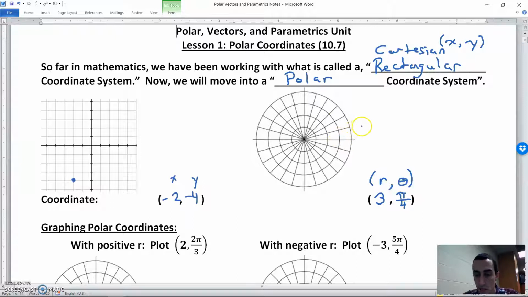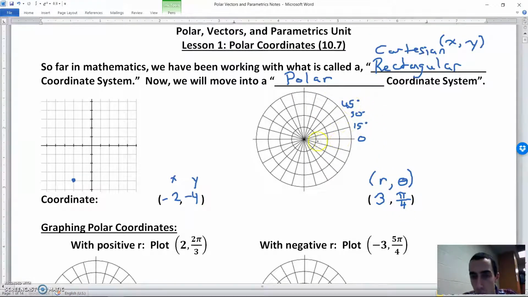Now, just to let you know, we start here as 0 degrees or 0 radians. Each of these lines represents 15 degrees. So this would be 15, 30 degrees, 45 degrees, and so on. So 45 degrees equals pi over 4 radians.